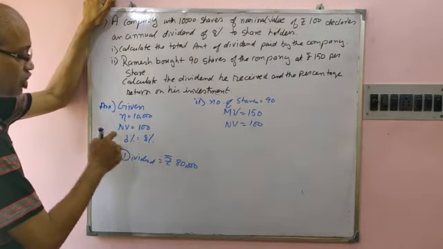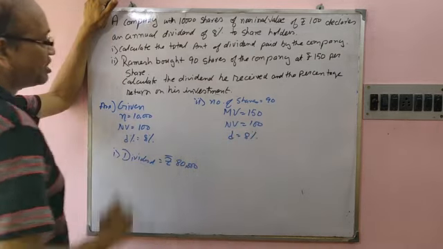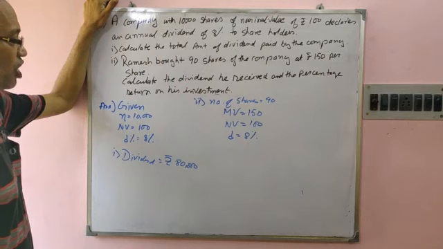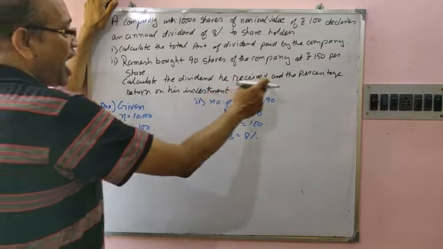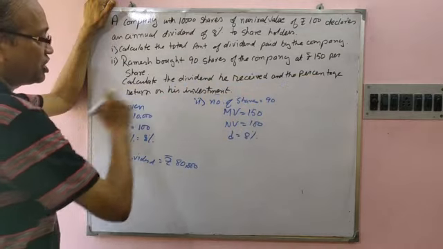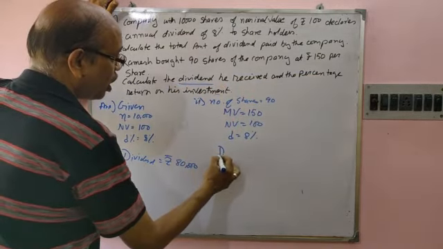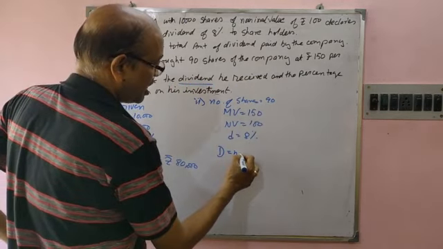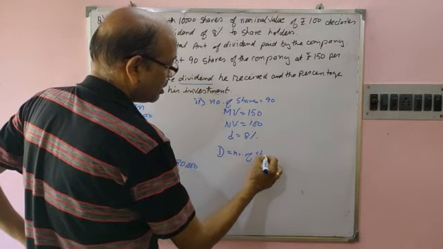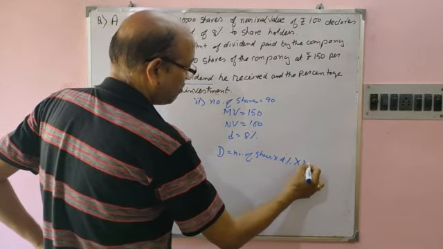D% is 8% as before. We have to calculate the dividend he received and the percentage return on his investment. First we have to find the dividend on the 90 shares.